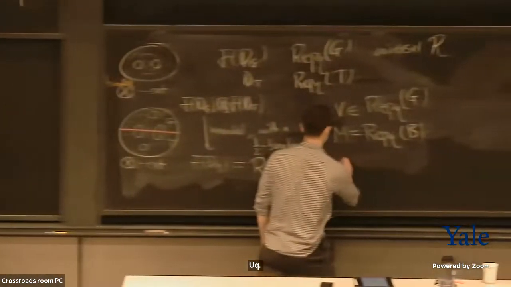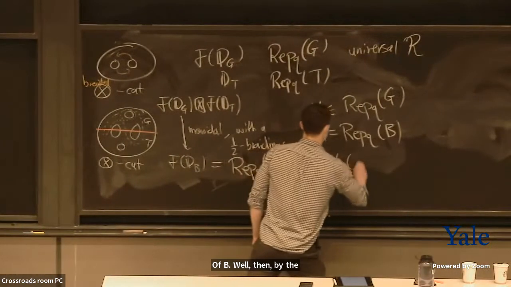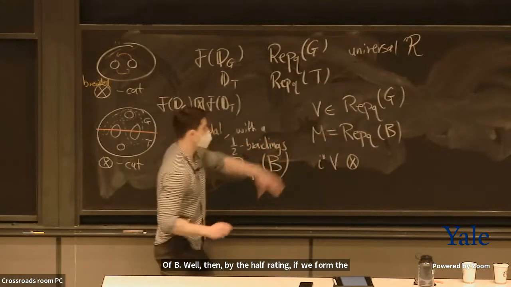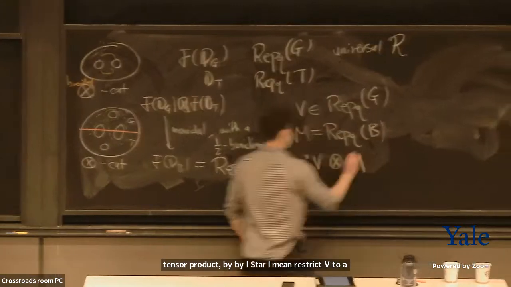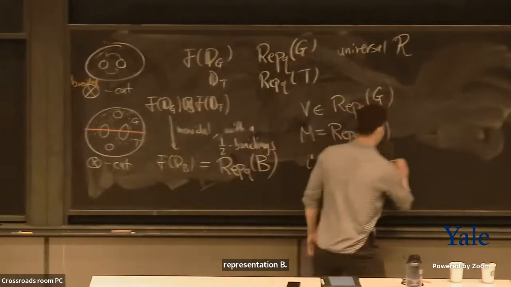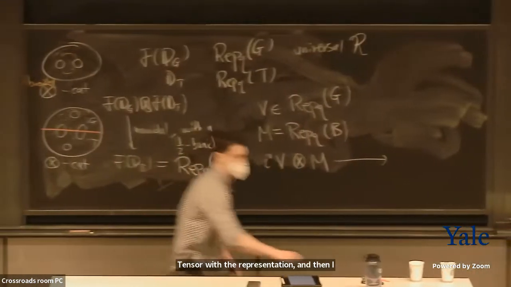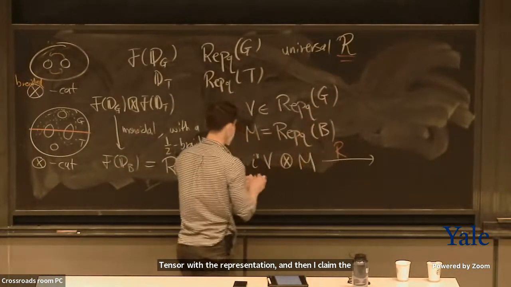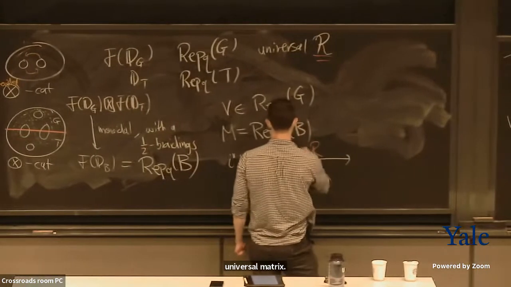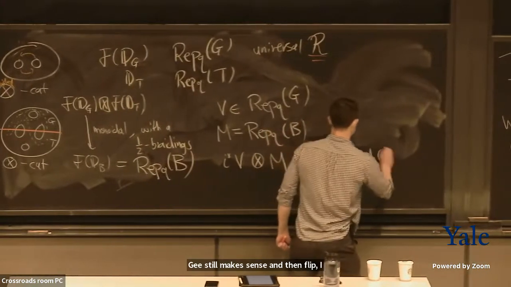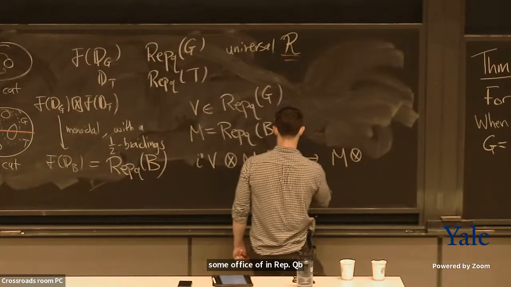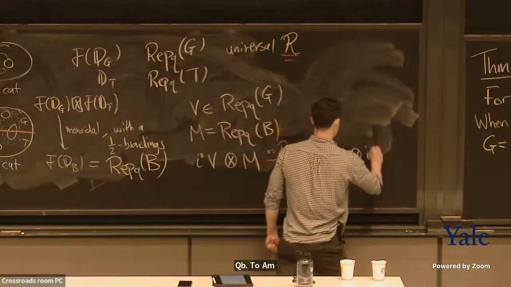By the half braiding, if we form the tensor product, where by I star I mean restrict V to a representation of B, tensor it with the representation M, then I claim the universal R-matrix still makes sense here, and then flip, to give us a morphism in Rep Q B, to M tensor S star of V.